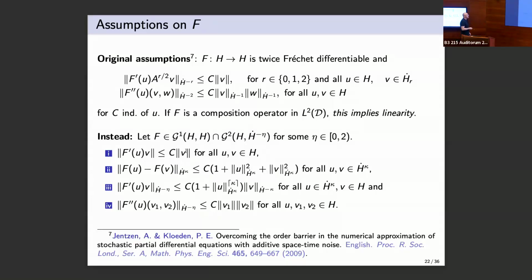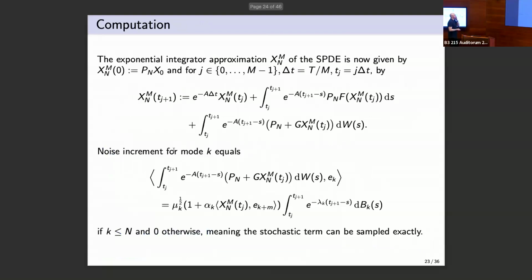We rather impose that our operator is twice Gateaux differentiable, and the second Gateaux derivative has to map into some smoother space than H. It needs to be Lipschitz, and it needs to satisfy the conditions that are given here in order for our double differences to have the appropriate convergence rates. But let me skip this now.